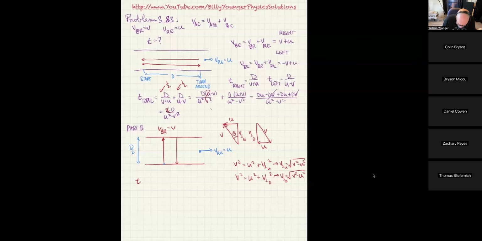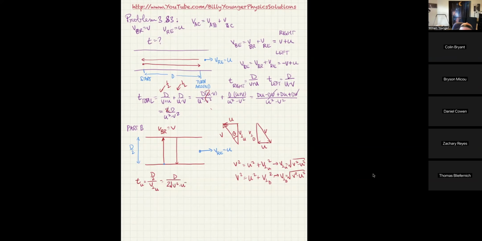t for up is going to be d over 2 divided by v perpendicular up. So that's going to be d over 2 times the square root of v squared minus u squared. And t down is going to be d over 2 divided by v perpendicular down. And that's going to also be d over 2 square root v squared minus u squared.